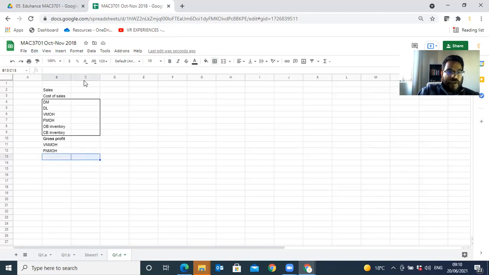So then this gives me profit or loss. So that is basically the template. Okay, so we will change to the actual terminology based on the scenario.